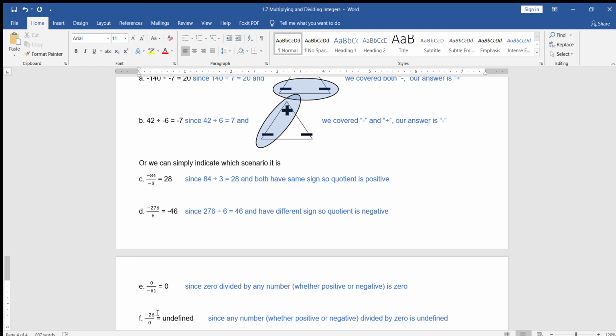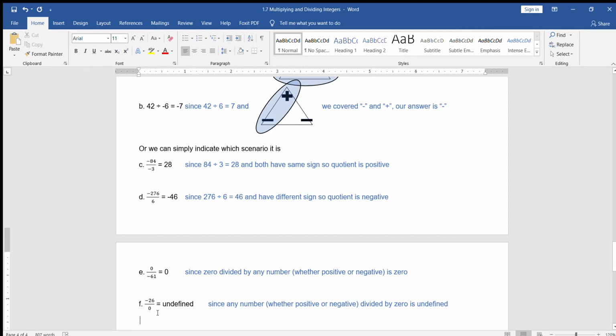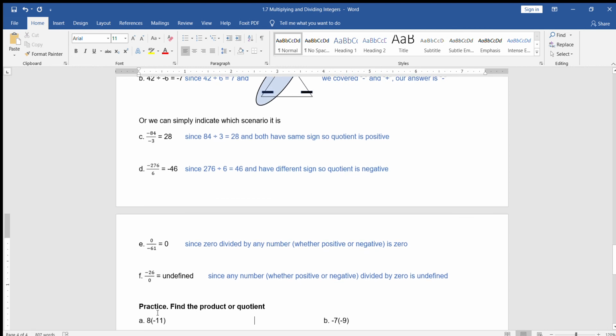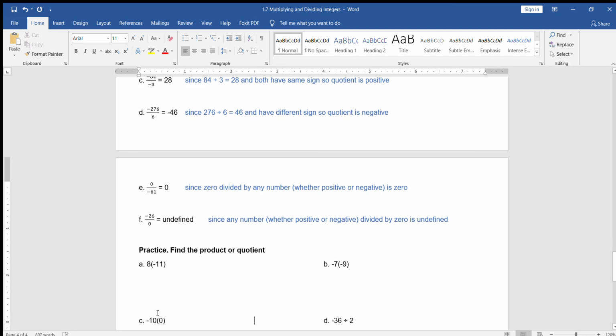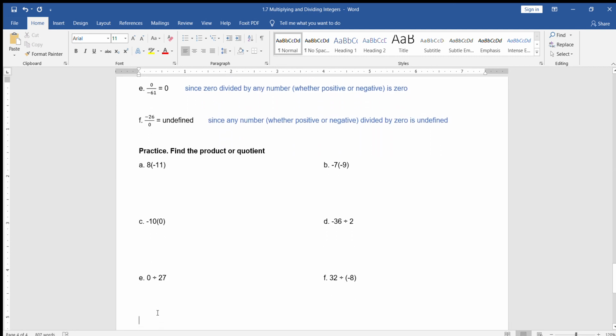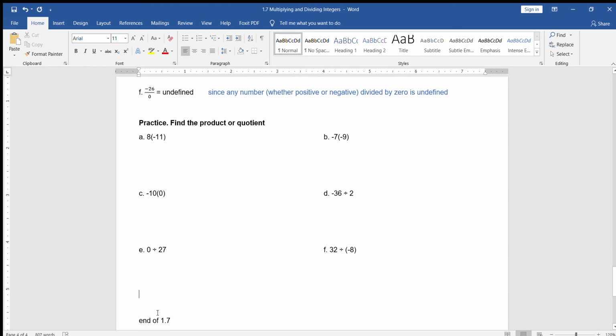If you put that in your calculator, you're going to get an error. If you get an error, you should not put error on the test or your homework. You should put undefined. So you can pause the video here and try A to F by yourself, and then we'll do it together.